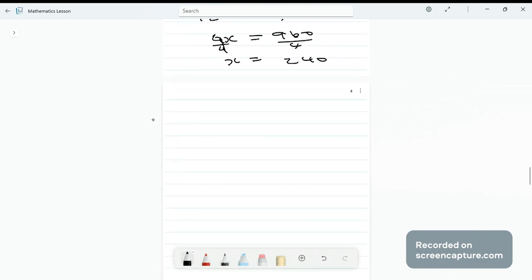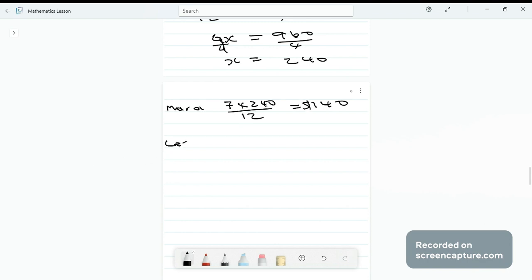You can now find each person's share. Let's start off with Mara's. So Mara, that's 7 times x. We now found x to be equal to 240. So again, 7 times 240, divided by the sum of the ratio, which is 12, is equal to $140. Put our dollar sign.